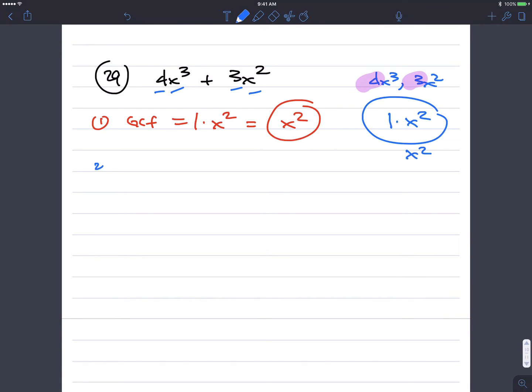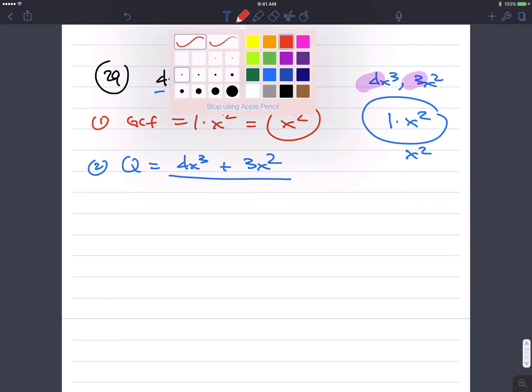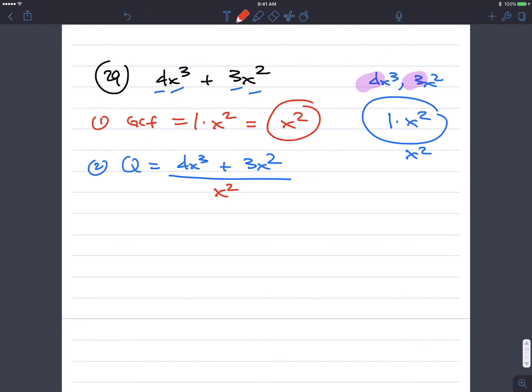All right. Let's get the quotient now. 4x cubed plus 3x squared divided by my GCF. 4x cubed over x squared, 3x squared over x squared.